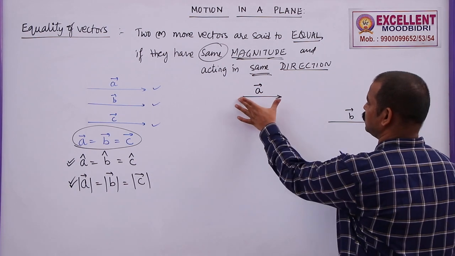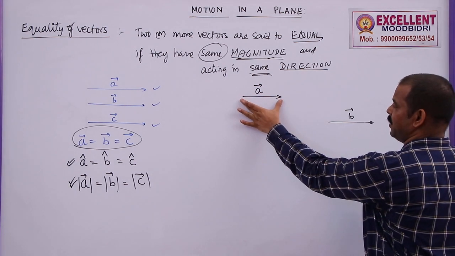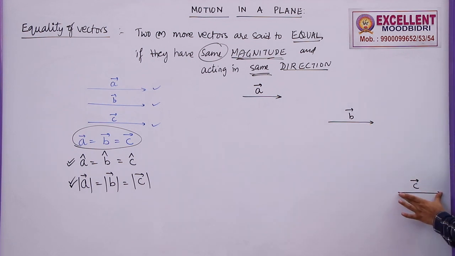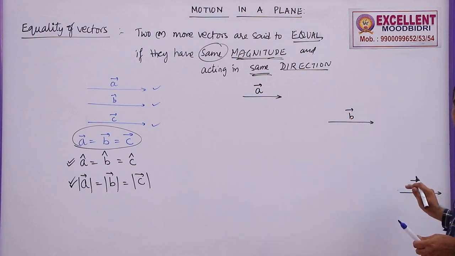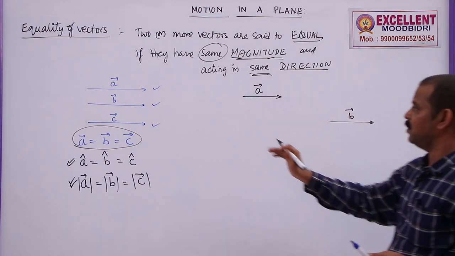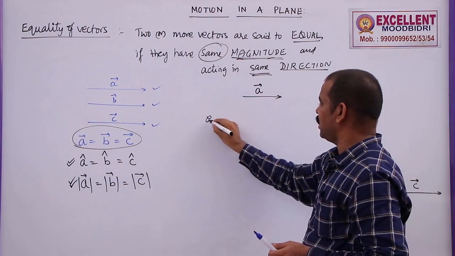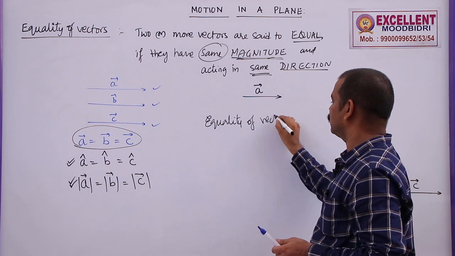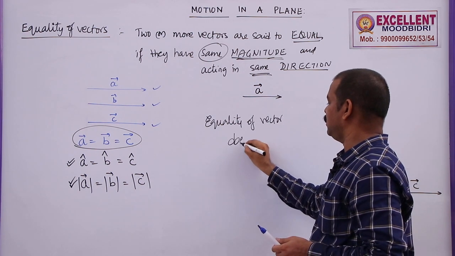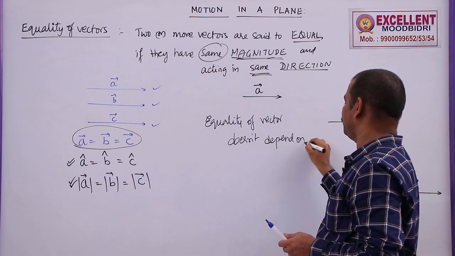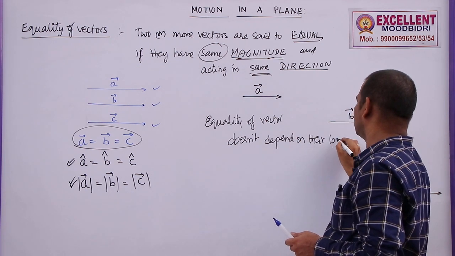Yes, only if they have the same magnitude and act in the same direction. The length of this one will give the magnitude, and this vector also has the same magnitude, and this also has the same magnitude. So, even though they are located at different places in space, they are said to be equal vectors. That means the equality of vectors does not depend on their locations.